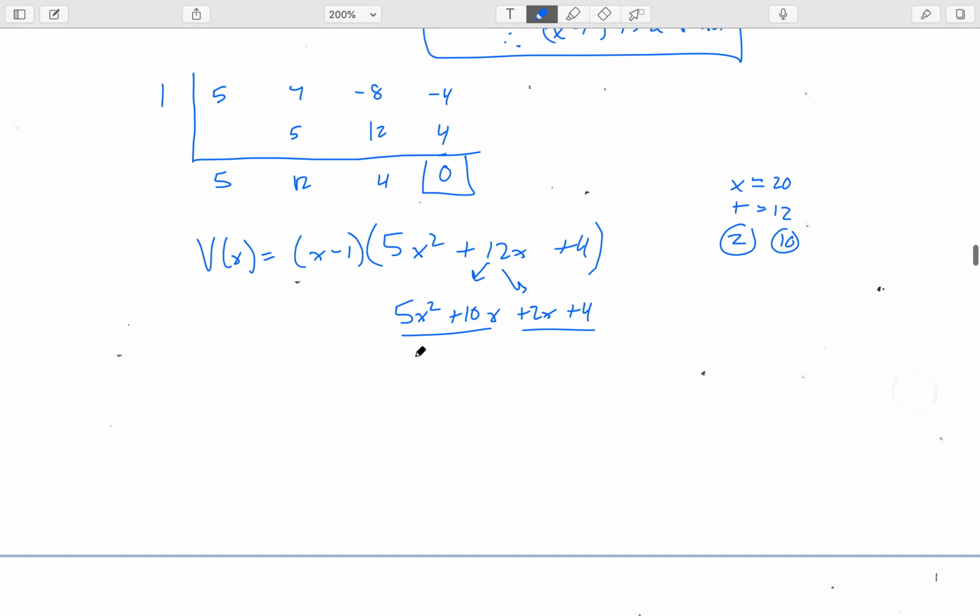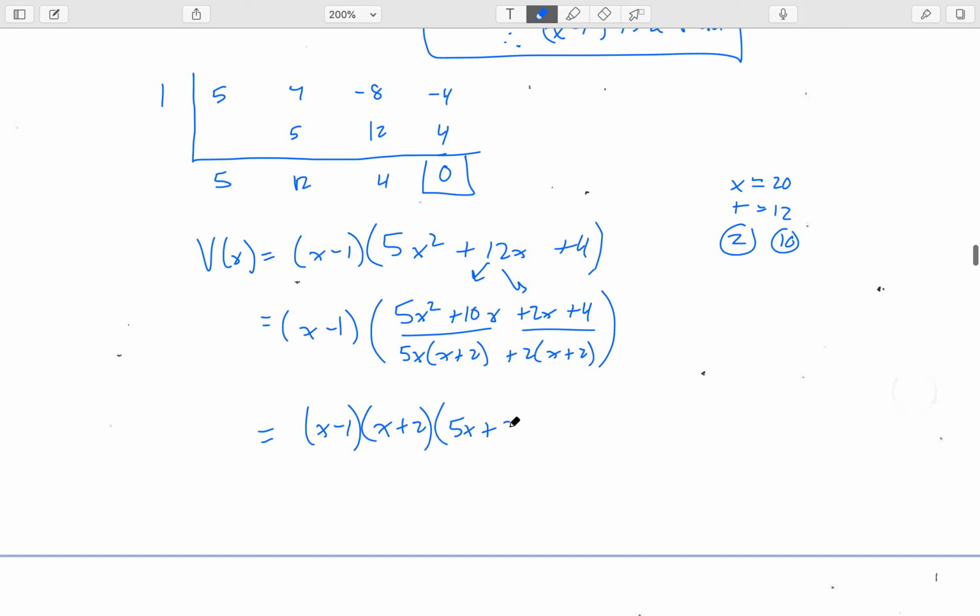So in other words, this is going to be 5x bracket x plus 2 bracket x plus 2. Oh yeah, I should probably say this is all times x minus 1. So here's what it is. V of x is x minus 1, x plus 2 is a factor, and 5x plus 2 is also a factor. So that's what it is if you factor this whole thing.